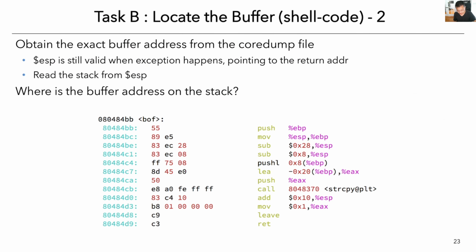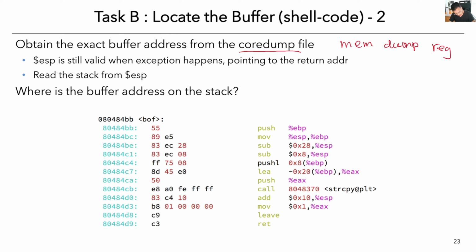So the second method to locate the buffer is to obtain it from the core dump file. A core file is the memory dump, the dump of the memory when an exception happens. So it includes everything, and also the registers.